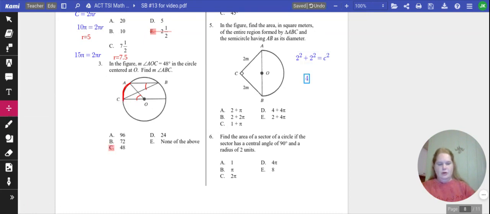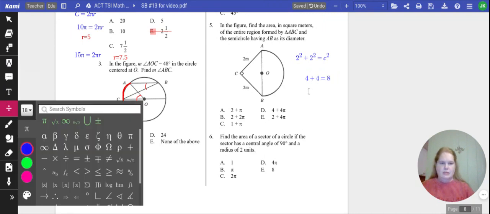We know 4 plus 4 equals 8. So c must be the square root of 8. So I'm going to put square root of 8.